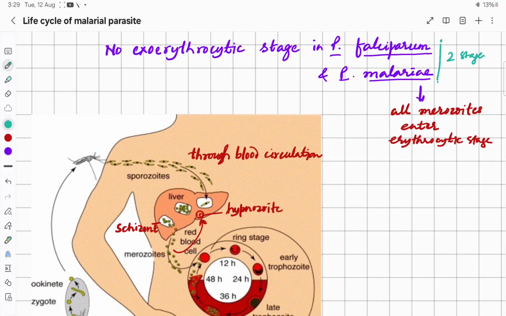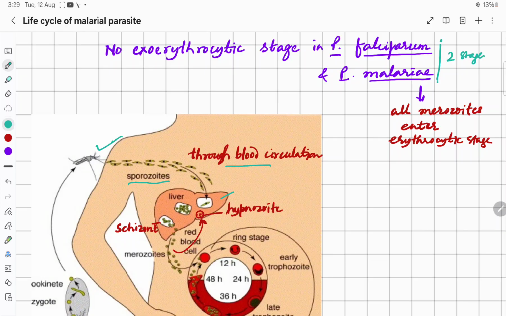Now we will see what these stages are. When a mosquito bites, it releases sporozoites, so these are the sporozoites, which enter into our blood circulation, and through the blood circulation they go to the liver, the hepatocytes, the liver parenchymal cells.